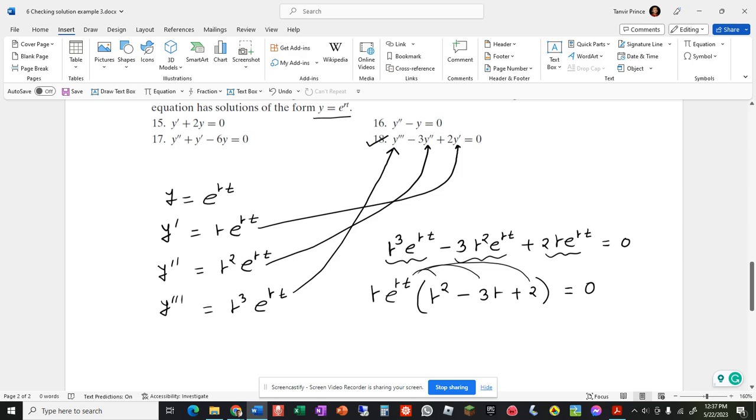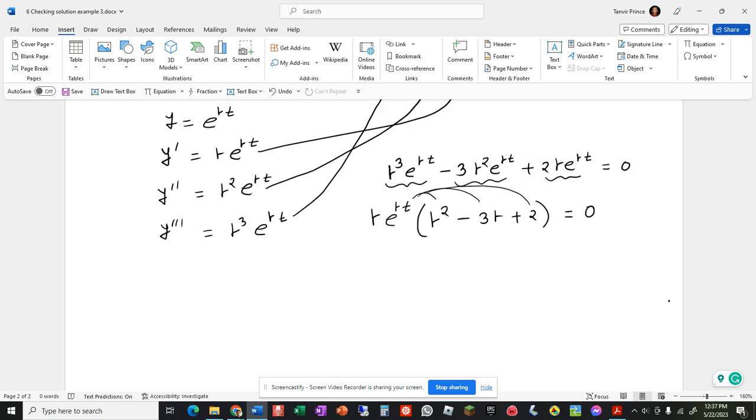So here I actually have 3 factors. One of them is this. So right away, I know that r could be equal to 0 for that factor. For this one, it cannot be 0. So this is never 0. So forget about that.